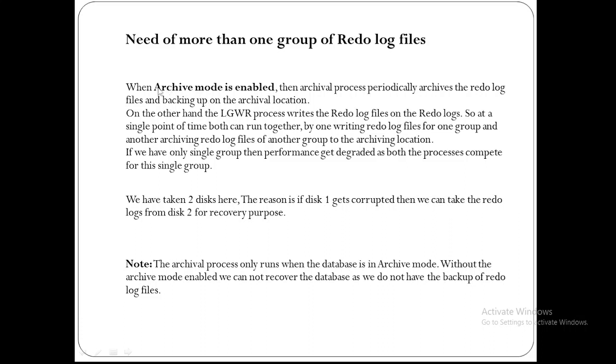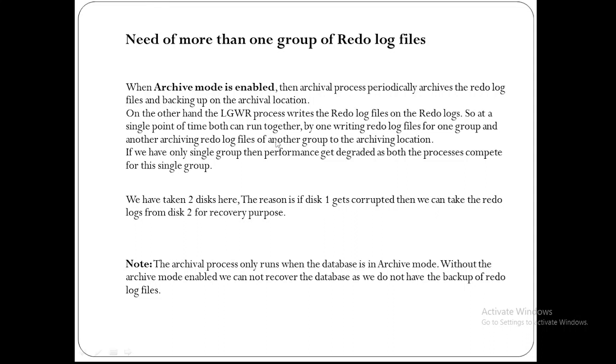When archive mode is enabled: we are always writing to redo log files, but when we take the backup of redo log files, that is archive log mode, where we archive the redo log files to some other location.